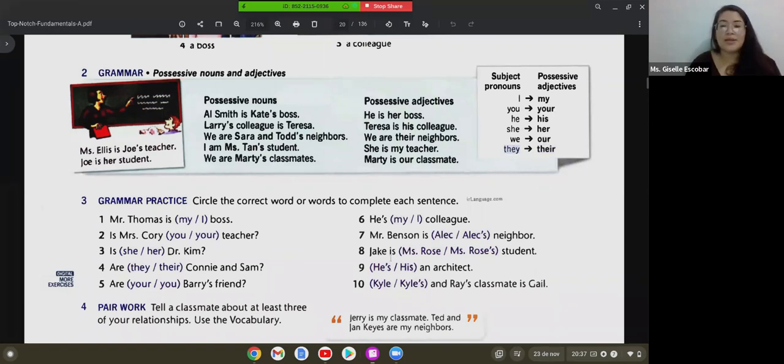Perfect. Thank you. Now let's try to make a sentence using the possessive adjective their. ¿Alguien? ¿Una oración?